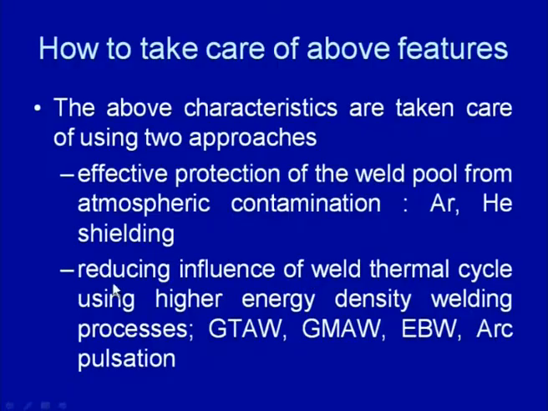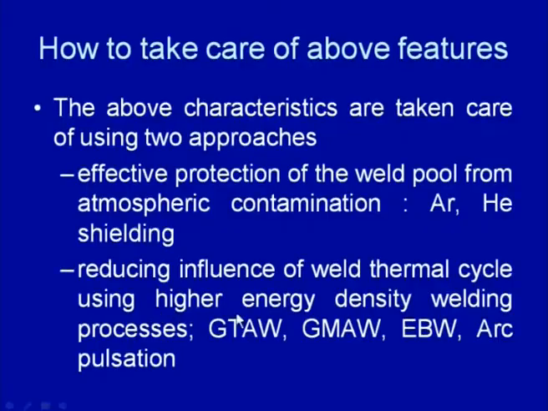In order to reduce the effect of the weld thermal cycle on the properties of the weld zone and the heat affected zone, it is desired that the heat input is as low as possible, and for that purpose high energy density processes like GTAW, electron beam and laser beam are used. In the same line, arc pulsation can also be used.